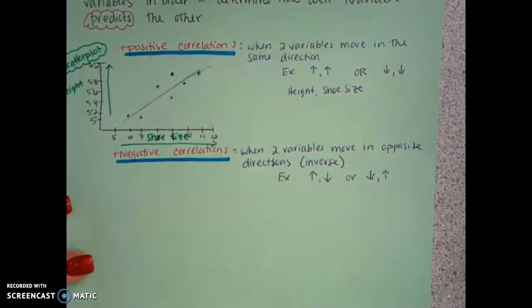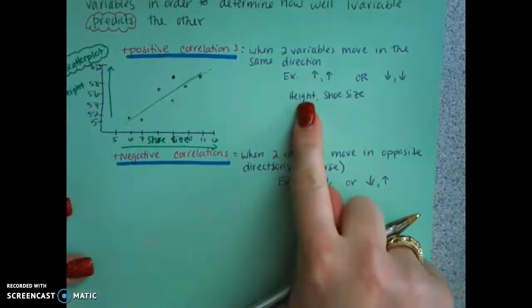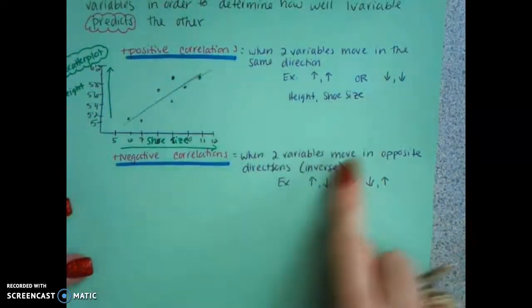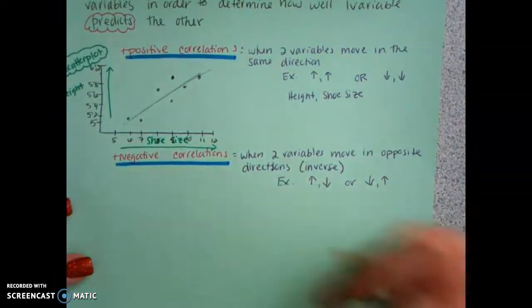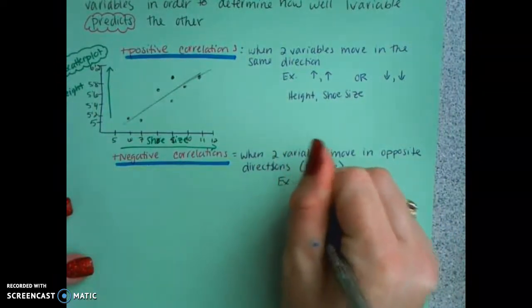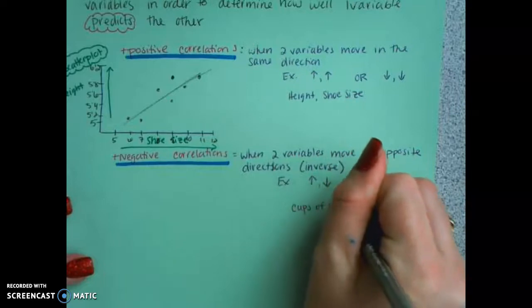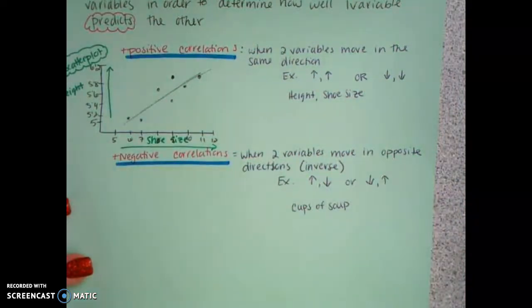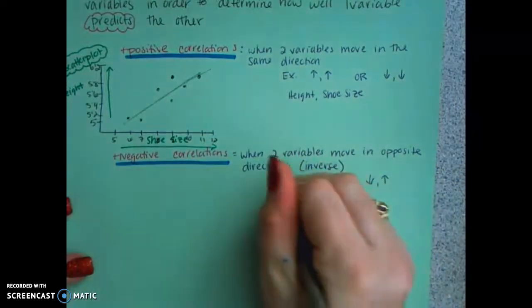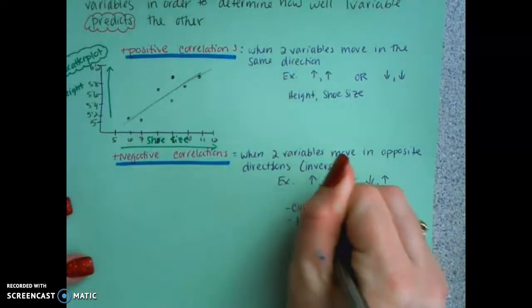Okay? And let's talk about our example, because before with positive, we used height and shoe size. In this example, let's use cups of soup, right, that you would purchase, like a bowl of soup. And let's say the temperature outside. Let's use those as our variables.